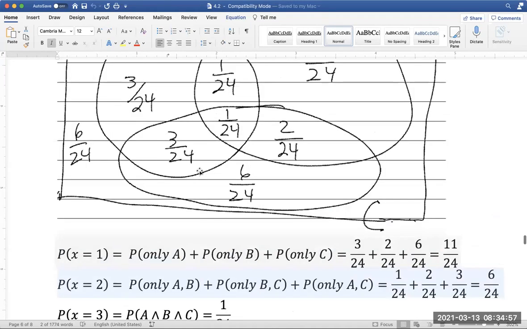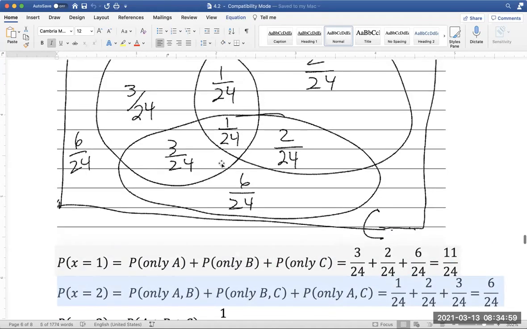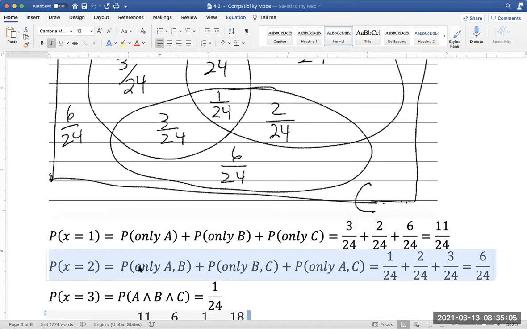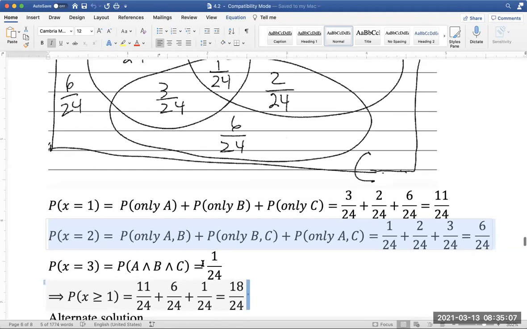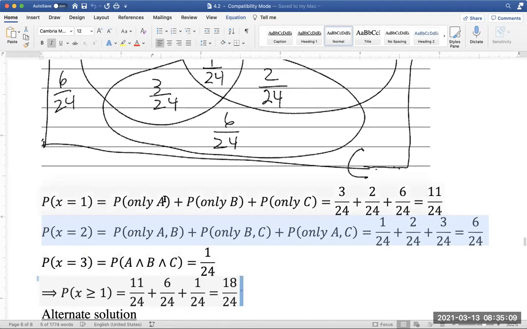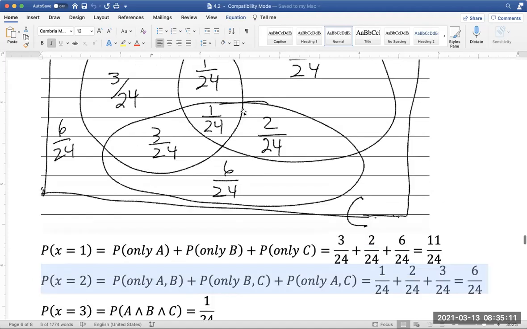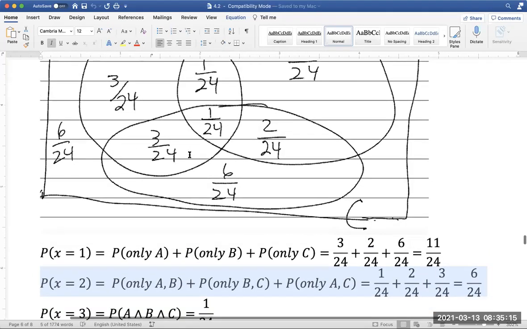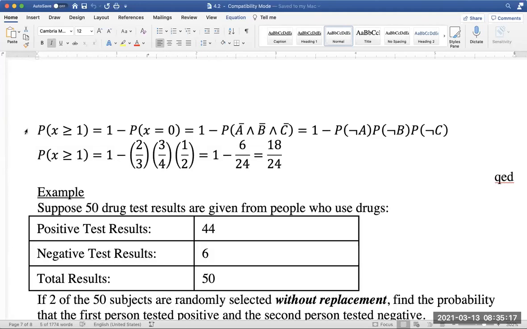Then you'd have to go through something this big. Again, you have to go through almost the whole calculation. But certainly doing it for at least one is very easy, because finding out the probability that no one does it is going to be a very easy calculation.